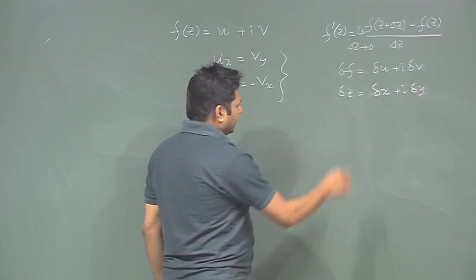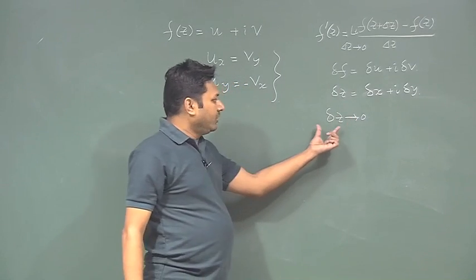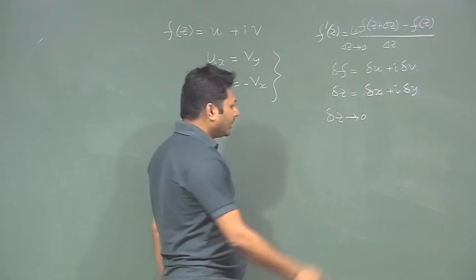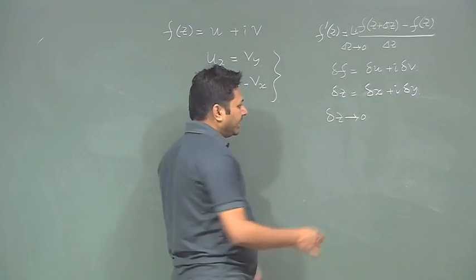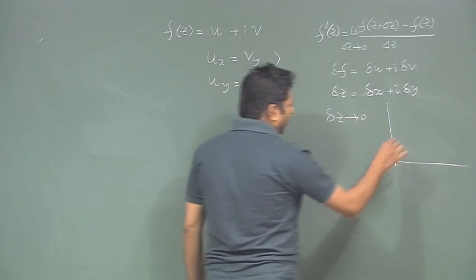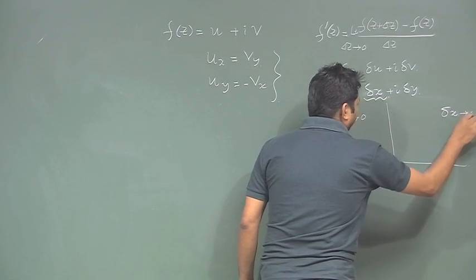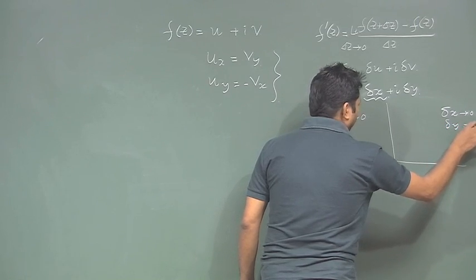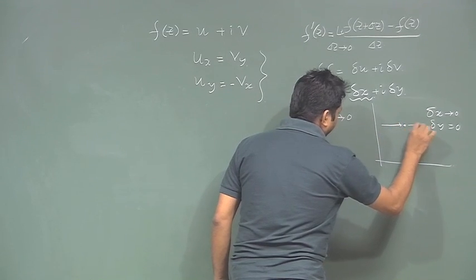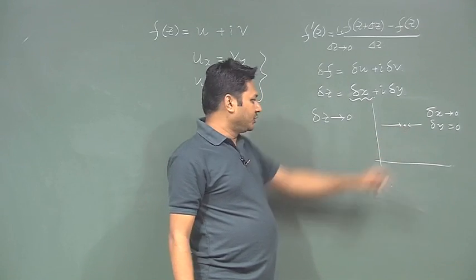When delta z tends to 0, it can come from anywhere in infinite ways, but I chose preferred directions. In one case my delta x tends to 0 and my delta y was 0, approaching along one axis, making delta y equal to 0. That was my one approach.